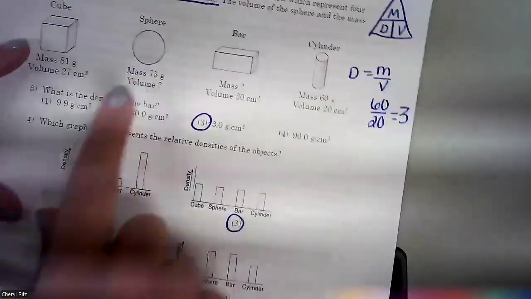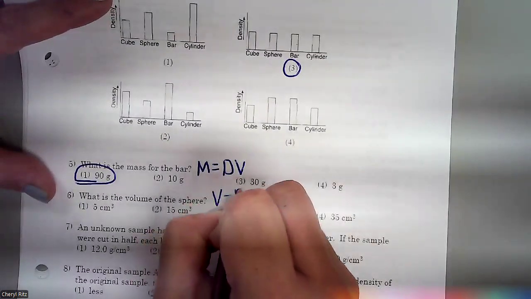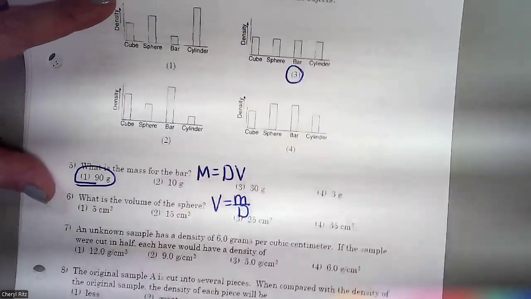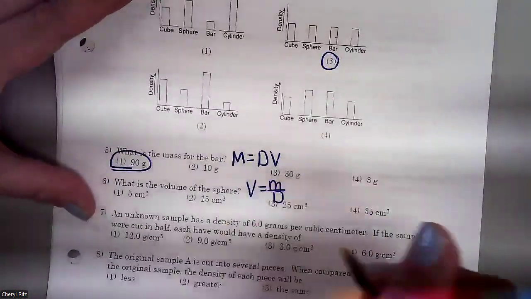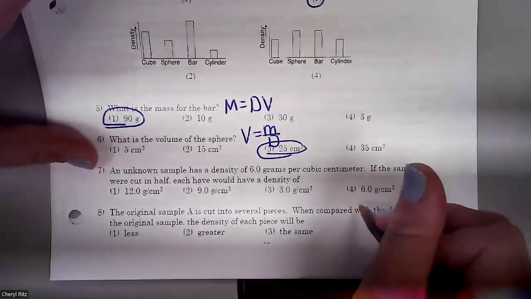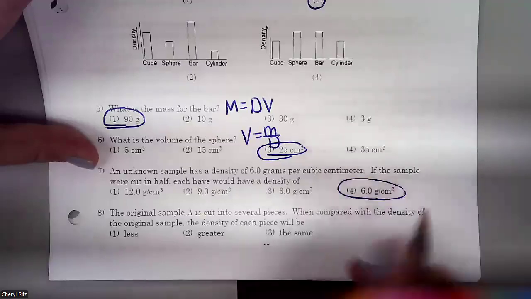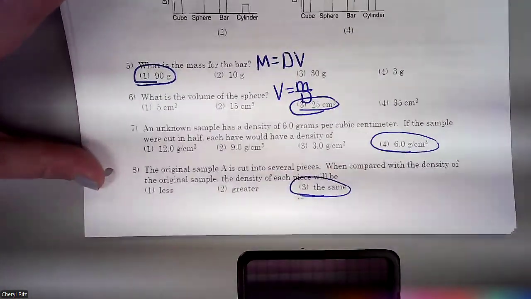Now, same deal for the volume of the sphere. Cover up the V, you're left with M over D. And so in that case, we're taking 75 divided by 3, and you should get 25. And when you cut these in half, density will stay the same. And again, density will stay the same.